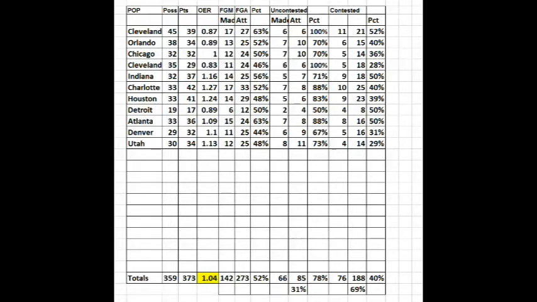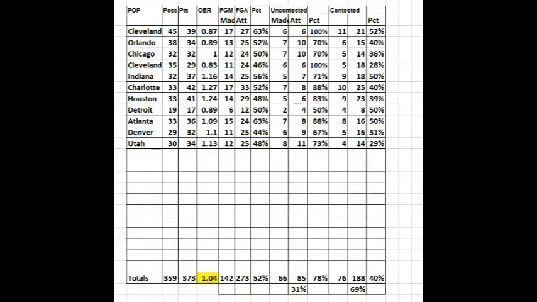We got POPs up there. So all of these are positive offensive possessions. We kept track of the points of the possessions, number of possessions that they had. Cleveland, for example, in that first spot, had 45 POPs. That's pretty strong.